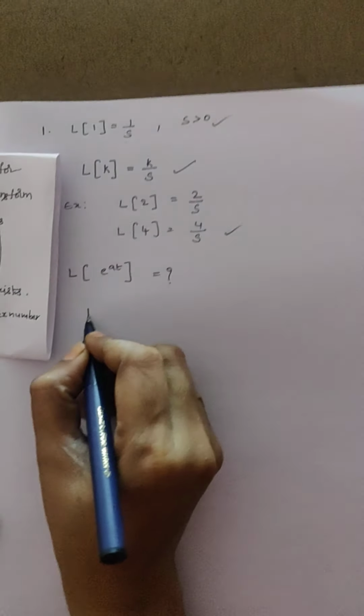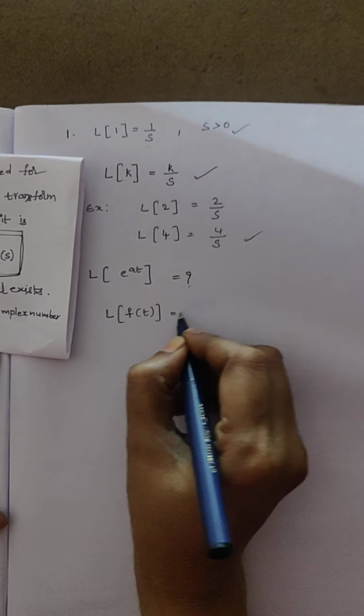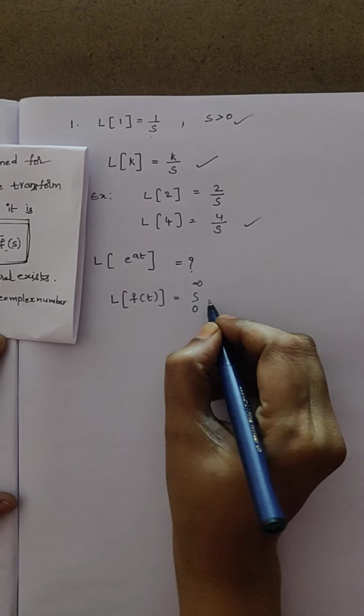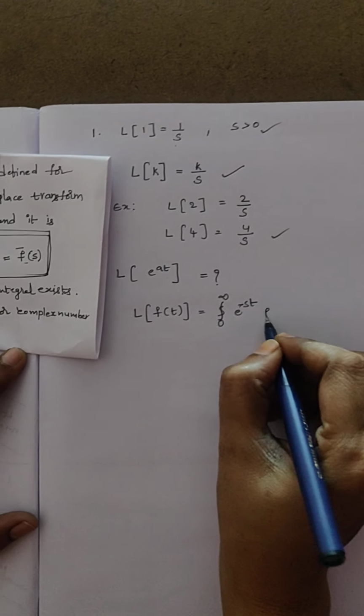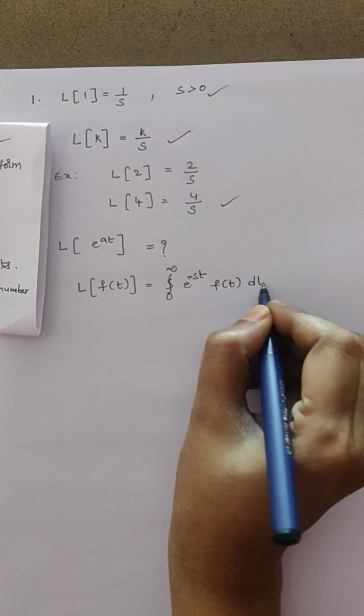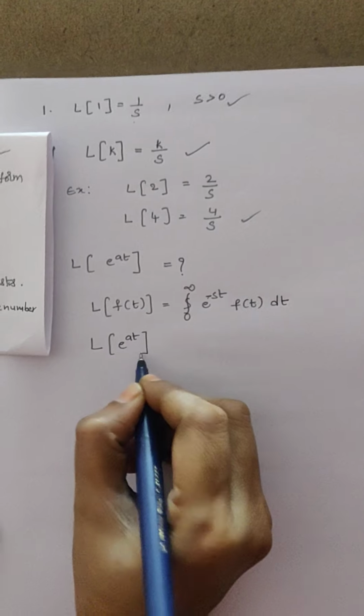So the basic definition is L of f of t equal to integral 0 to infinity e power minus st f of t dt. Our aim is to find L of e power at.